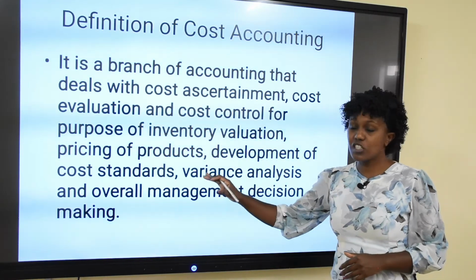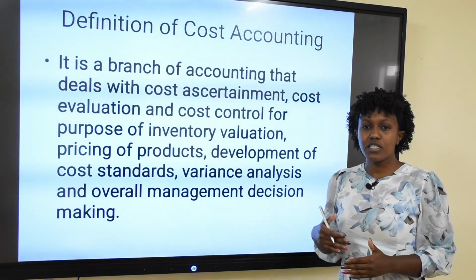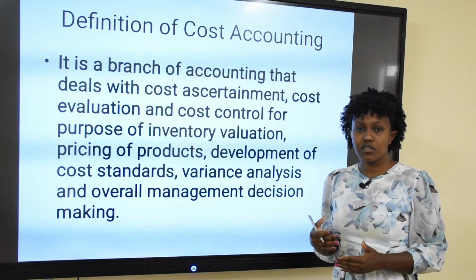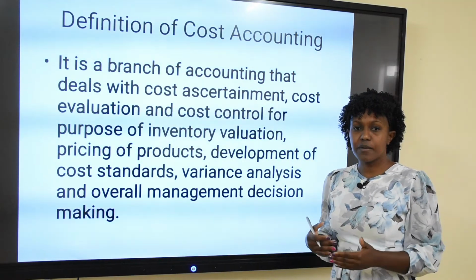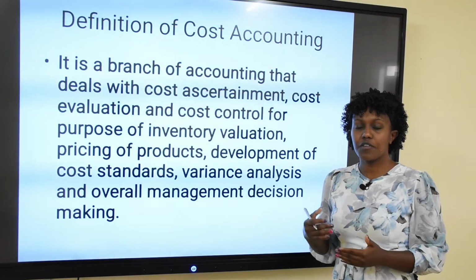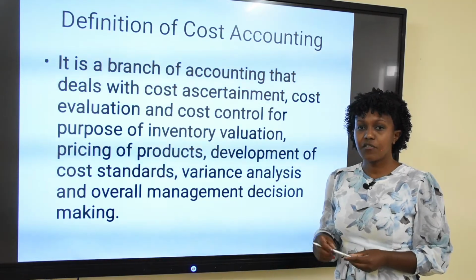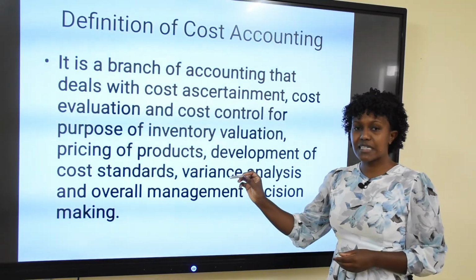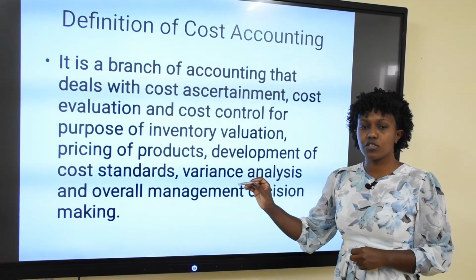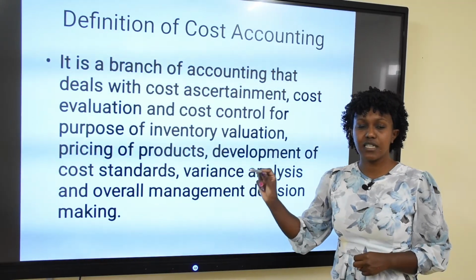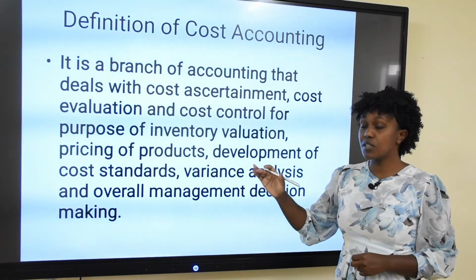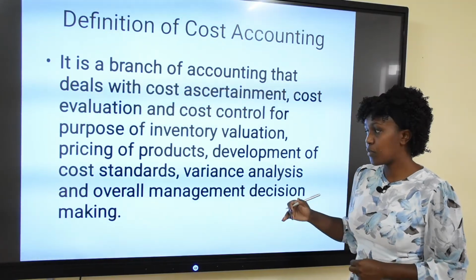Also, development of cost standards. After evaluating cost in an organization for a period of time, you can develop standards and say, for example, that to make product X requires a certain amount of cost. So the standard cost of producing that unit will be given based on the data about that product.